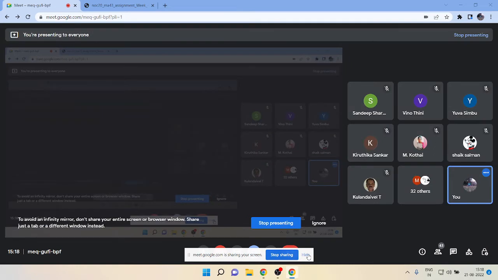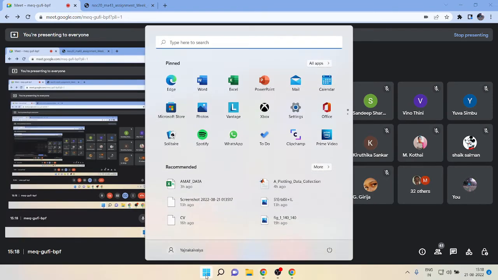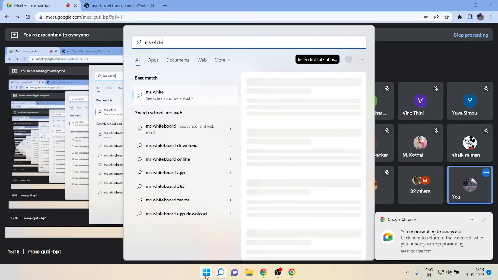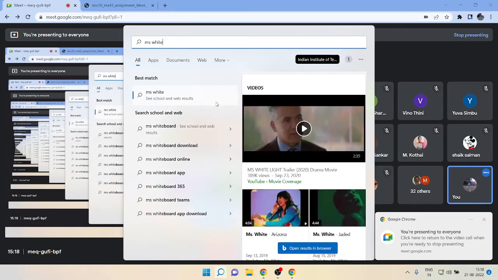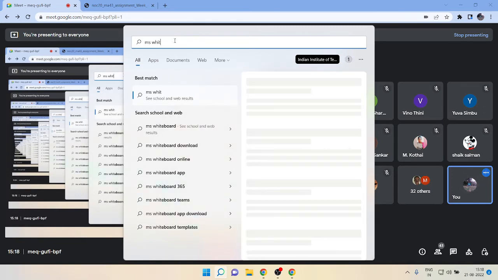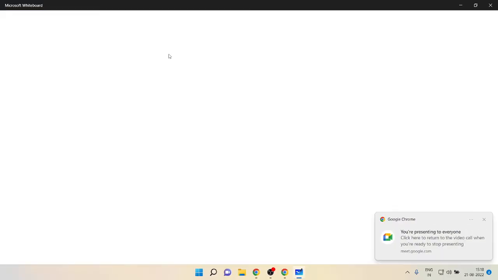Are you able to see my screen? So, have any of you tried assignment 4?